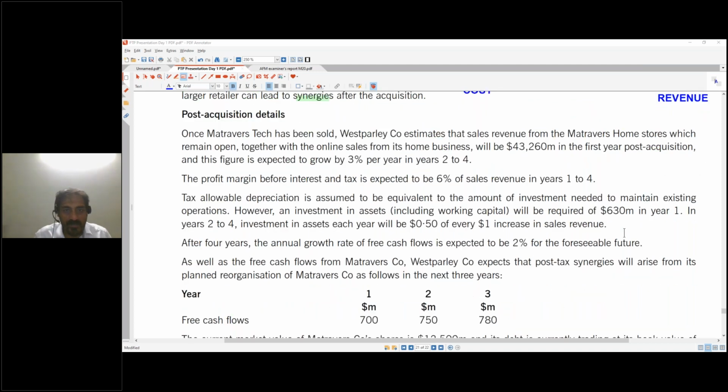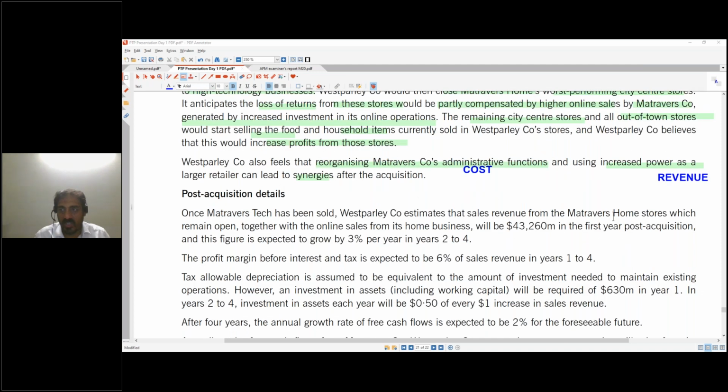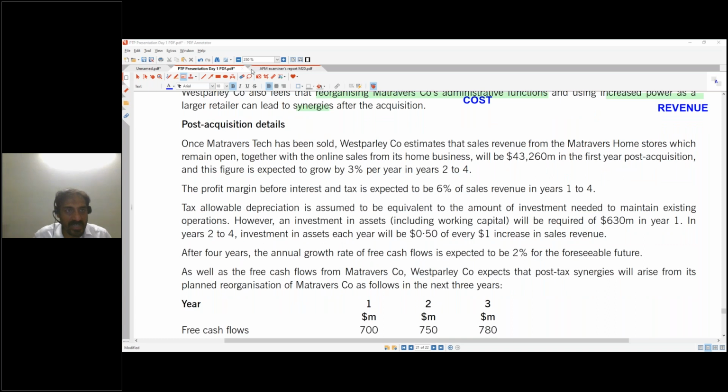Okay. About the post-acquisition details, you have to be very committed about the reading of that particular question. Now, once Matrix Techs has been sold, West Parley Company estimated sales revenue from the Matrix home stores, which remain open, together with the online sales from the home business, will be 43,260 in the first year of operations.